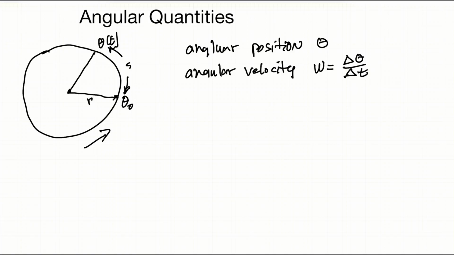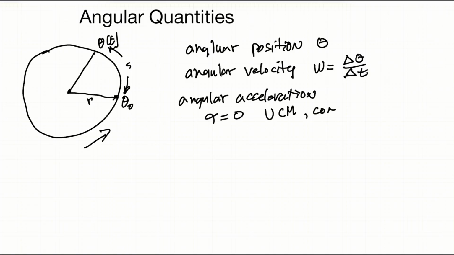So that's how far it moves over time, the change in angle per unit time. And then the angular acceleration. Now in this case, it's going to be equal to 0 because we've got uniform circular motion, constant speed.